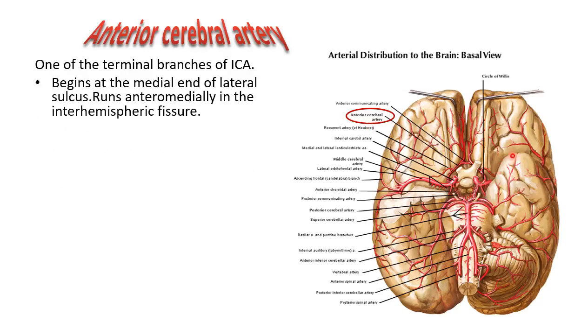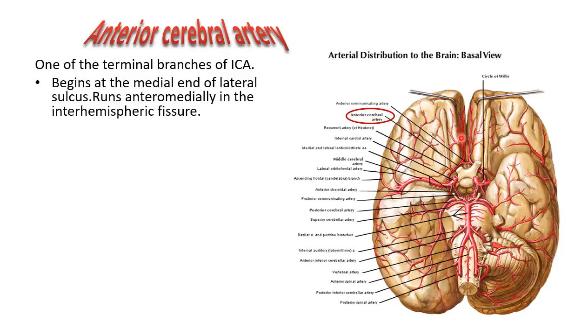This is the stem of the lateral sulcus, and then it goes like this as the posterior ramus, and then you have the anterior horizontal and anterior ascending rami. At the medial end of the lateral sulcus you can see the anterior cerebral artery, and then it runs anteromedially to reach the medial longitudinal fissure.